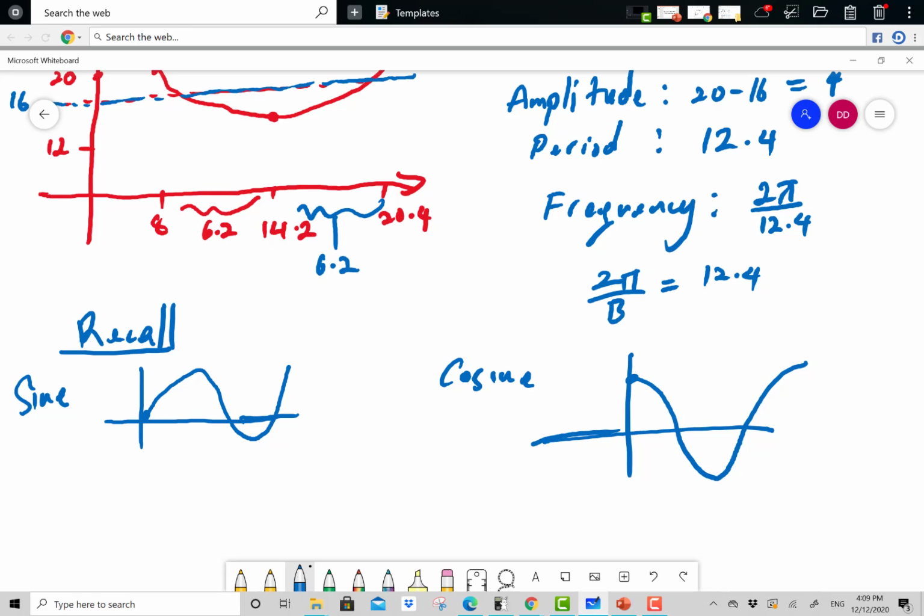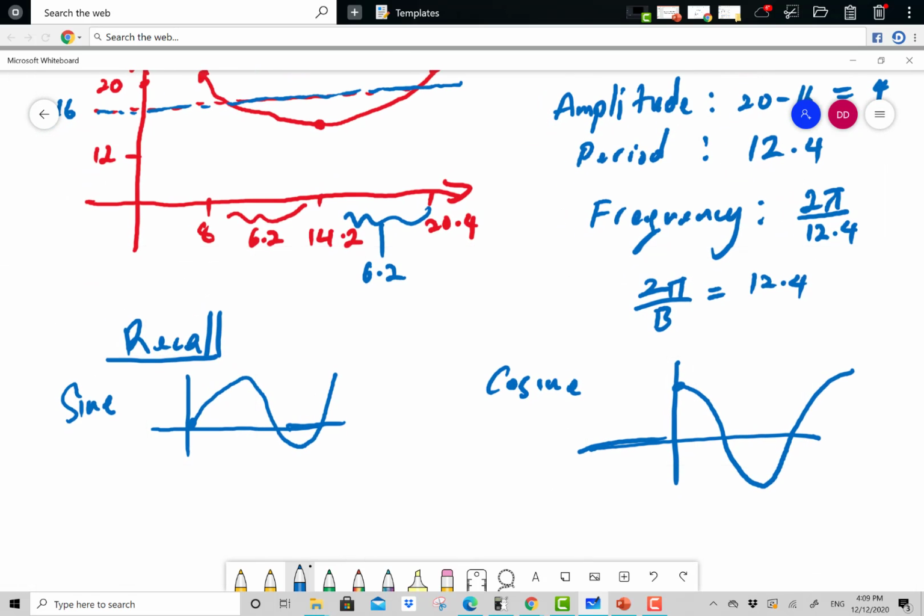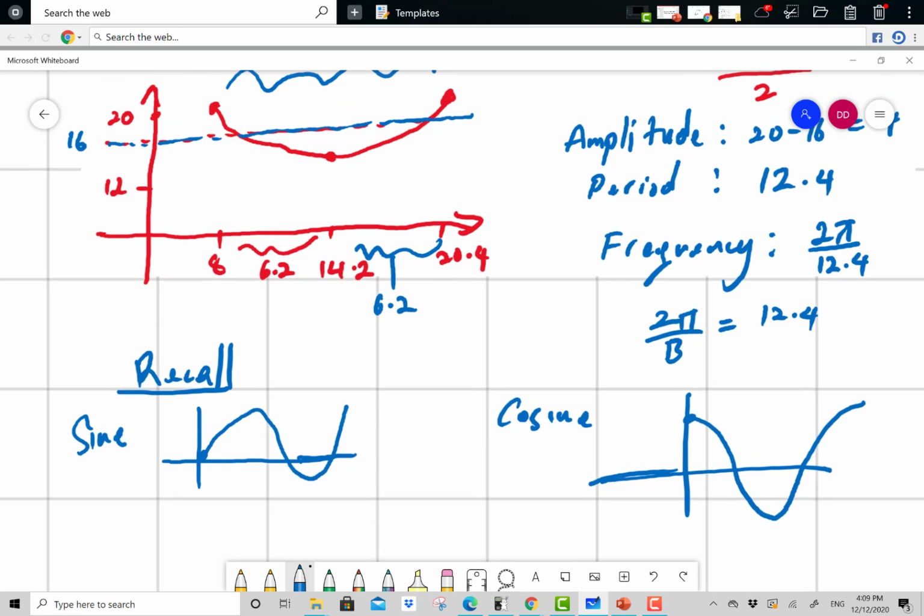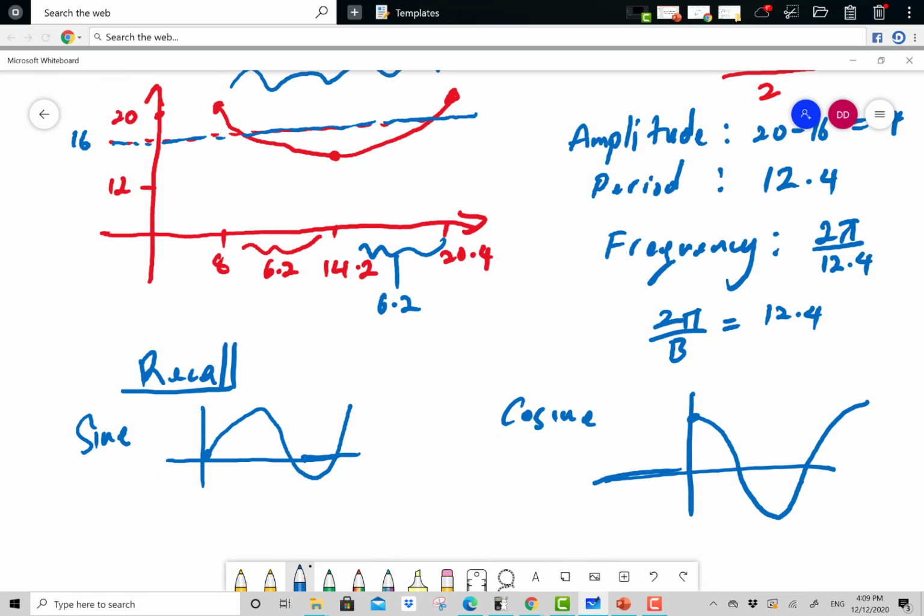And this here is going to be my midline. So we'll look at this graph carefully. The midline is at 16, and the graph is starting above the midline. Once it starts above the midline, it goes down and continues.